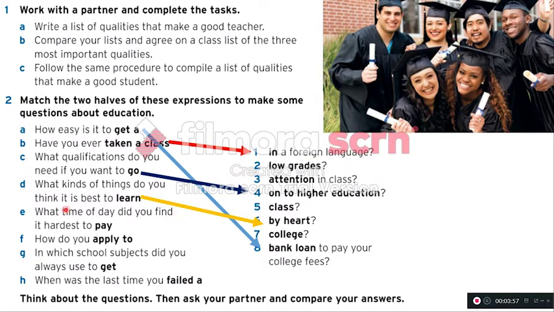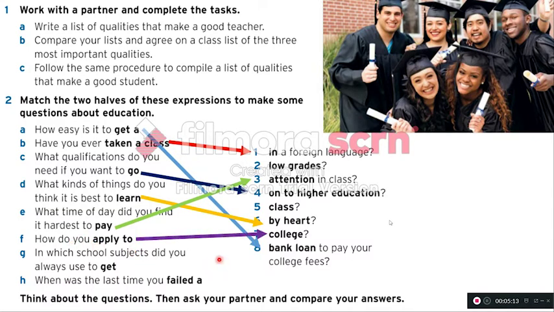Very good. Then letter E. What time of day do you find it hardest to pay attention in class? Very good. Well, this is a very basic phrase that we use in classrooms. To pay attention in class is when you just focus on what the teacher is saying. Then, how do you apply to college?